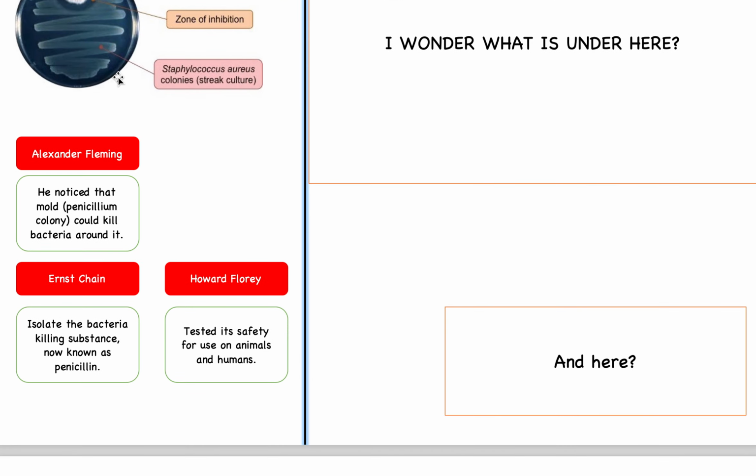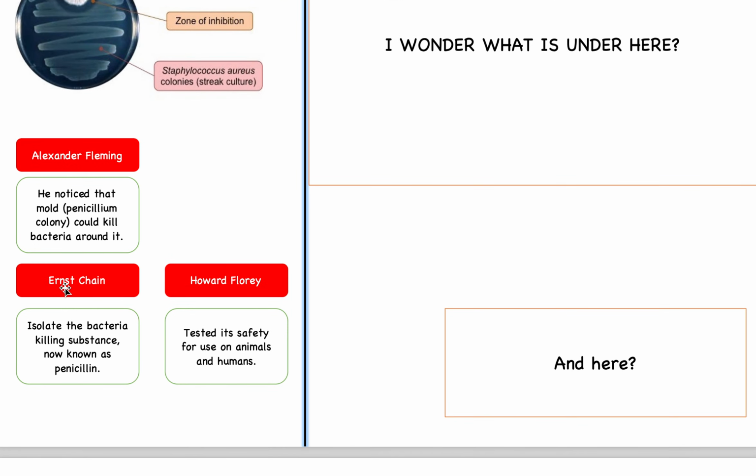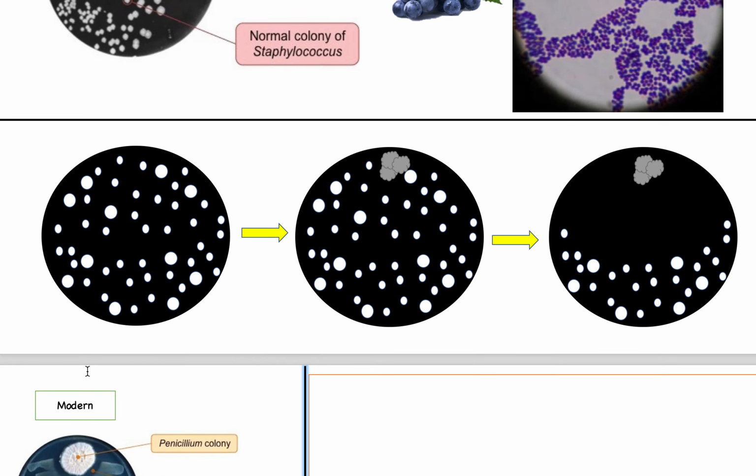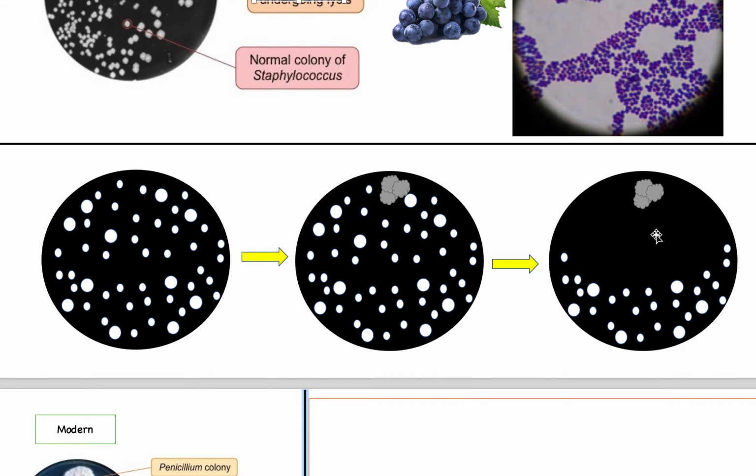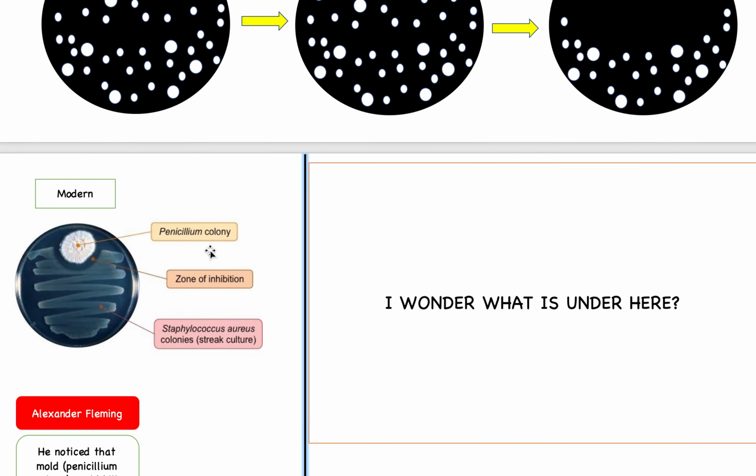And then this guy, Ernst Chain, he was the one who isolated penicillin. So he isolated this specific substance that was produced by the fungi that were killing the bacteria. And he gave it the name penicillin after the Penicillium fungi who makes it.